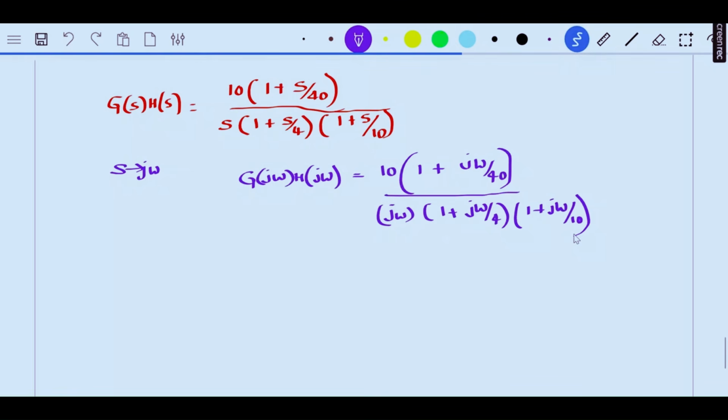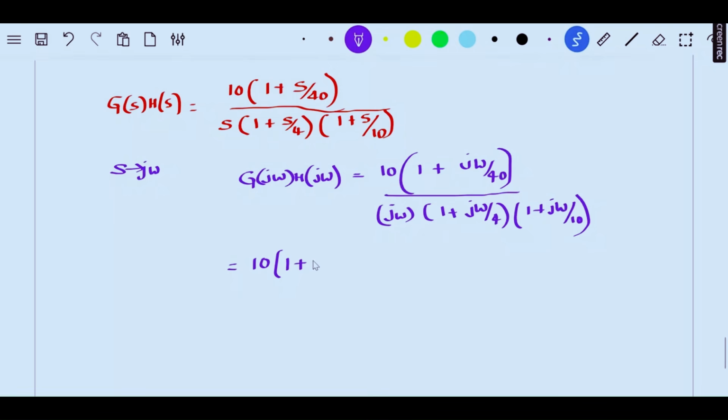Now let us write it in the proper form. I'll write this as 10 into 1 plus j into 0.025 omega, since 1 divided by 40 is 0.025, whole thing divided by j omega into 1 plus j into 0.25 omega, since 1 divided by 4 is 0.25, multiplied by 1 plus j into 0.1 omega, since 1 by 10 is 0.1.